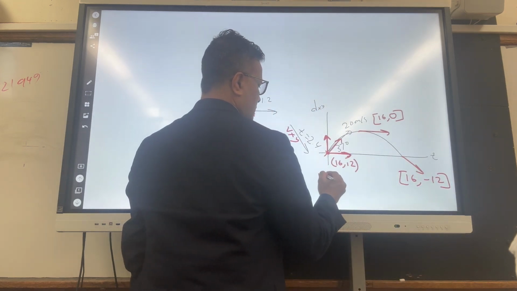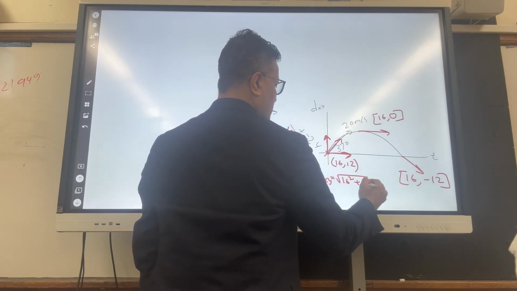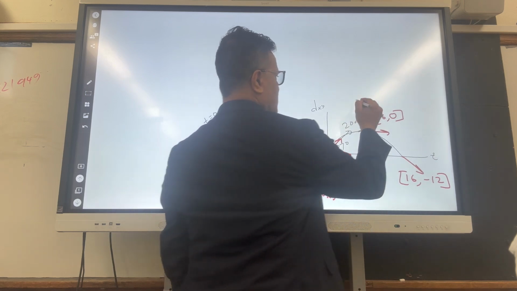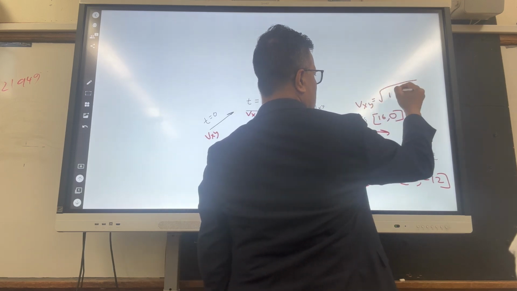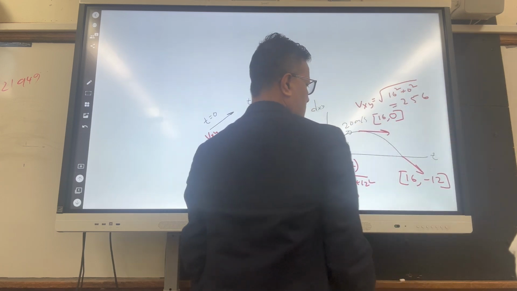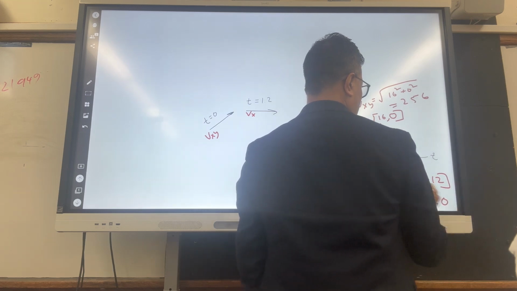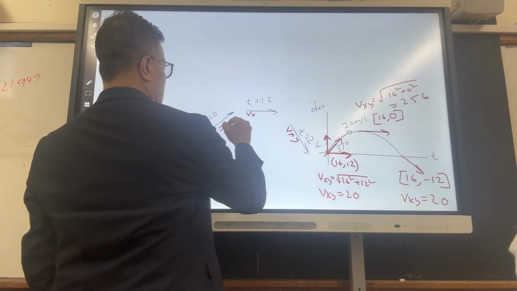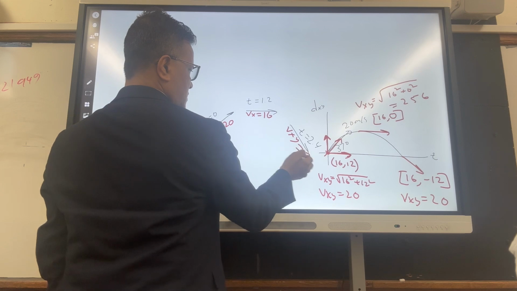So what is Vxy? 16 squared plus 12 squared, so Vxy is equal to 20. Here it is 16 squared plus 0 squared, which is 256, so Vxy is 16. And this one has to be 20 too. So this is 20, this is 16, this is 20.